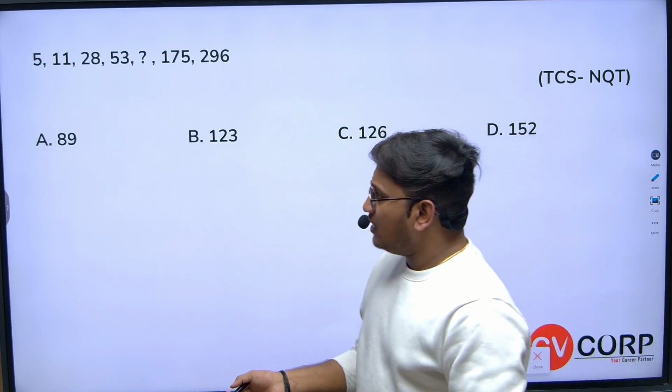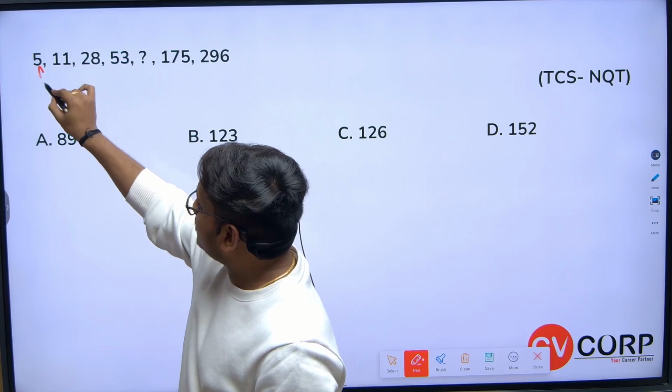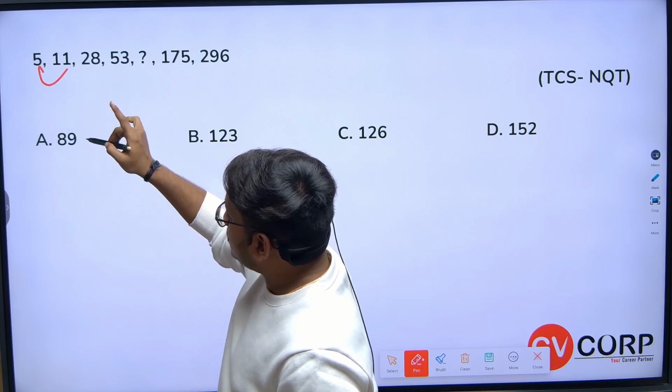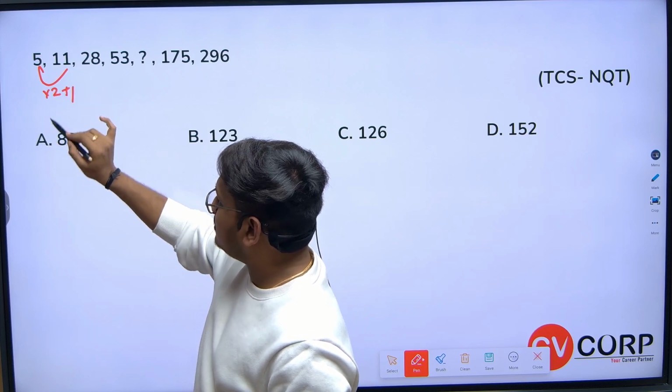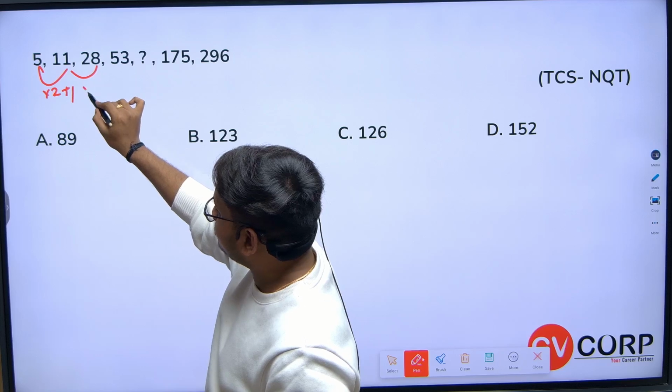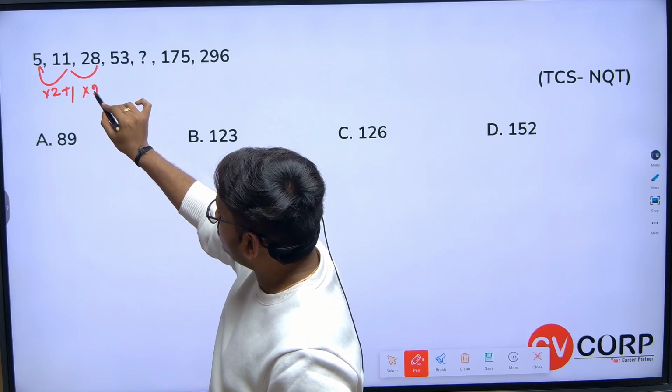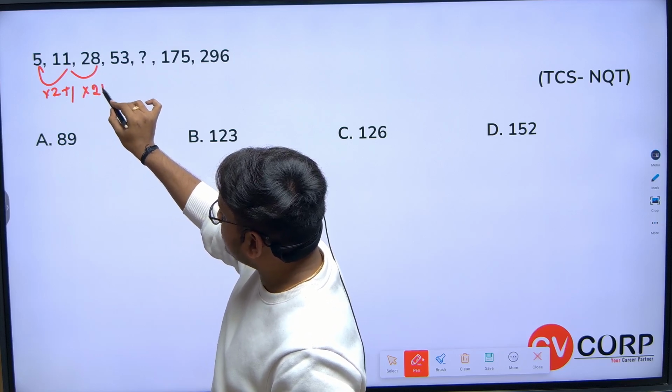If you observe, what might be the logic we can take here? So 5 into 2 plus 1, right? Next, 11 into 2, 22 plus 6.